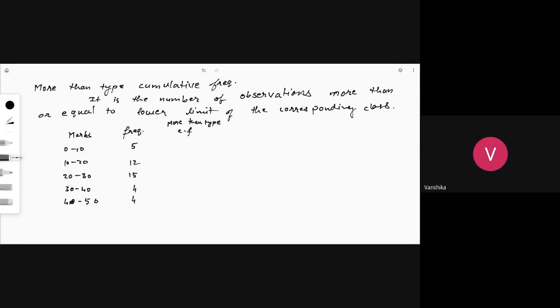So 40. Exactly. The first entry is going to be 40, then 40 minus 12.